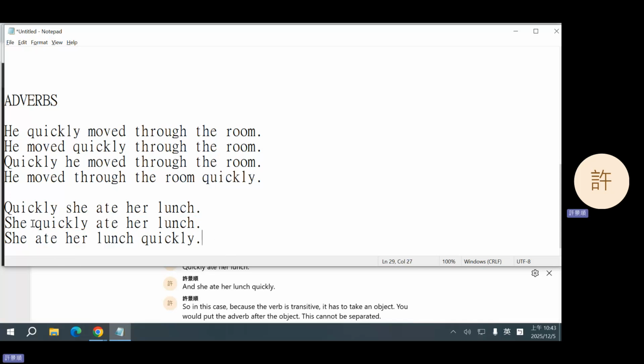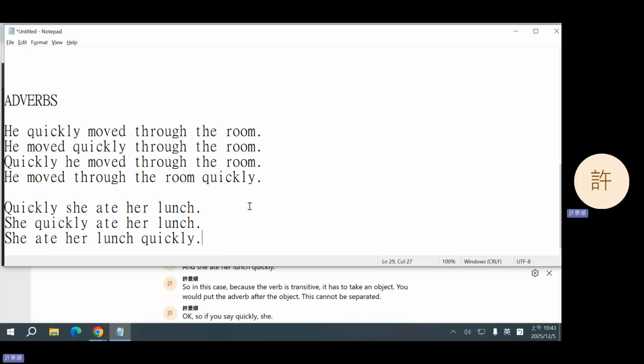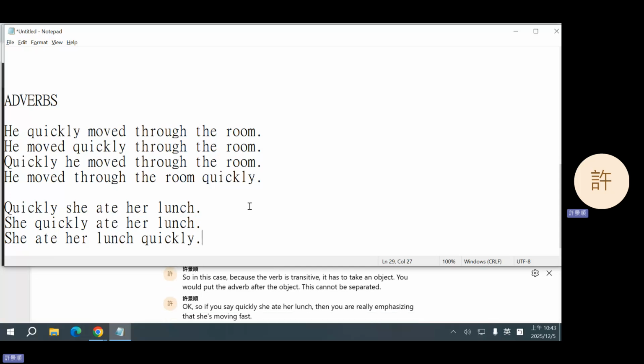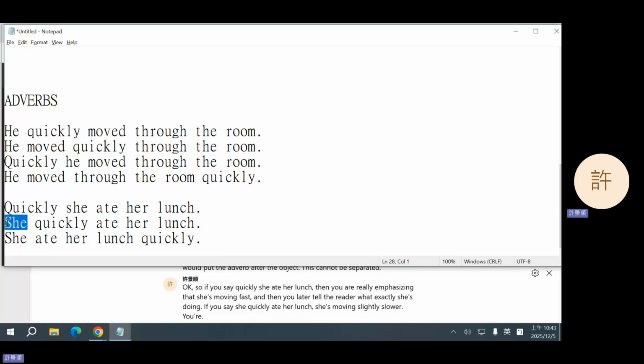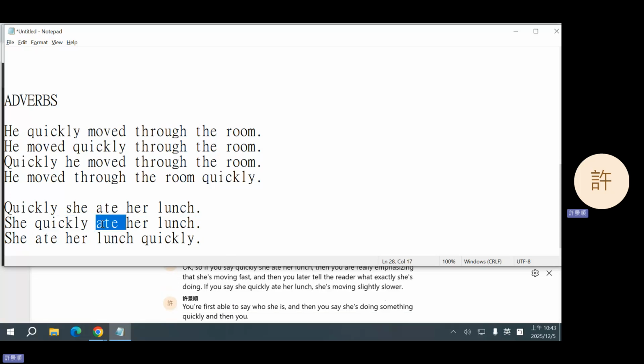Okay, so if you say quickly she ate her lunch, then you are really emphasizing that she's moving fast. And then you later tell the reader what exactly she's doing. If you say she quickly ate her lunch, she's moving slightly slower. You're first able to say who she is, and then you say she's doing something quickly, and then you point out she's eating.